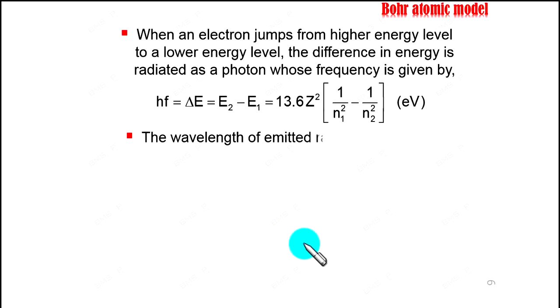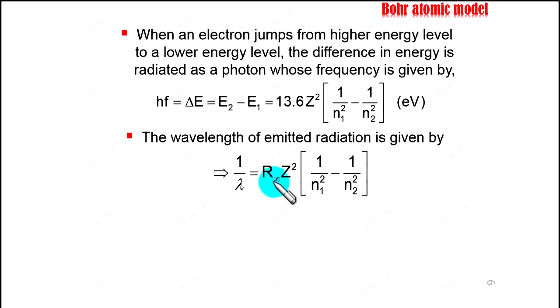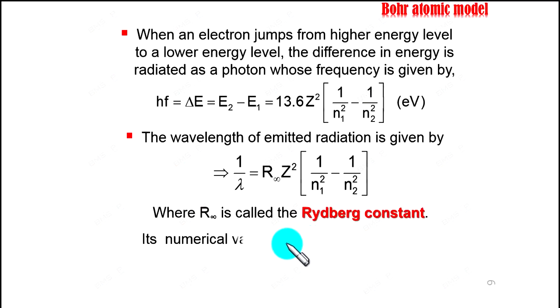So, here we can write the wavelength of the emitted radiation as 1 upon lambda equal to R infinity Z square multiplied by 1 divided by n1 square minus 1 divided by n2 square. This is a constant, called the Rydberg constant, having the numerical value 1.097 into 10 to the power 7 meter to the power minus 1, and this quantity 1 upon lambda is called the wave number.